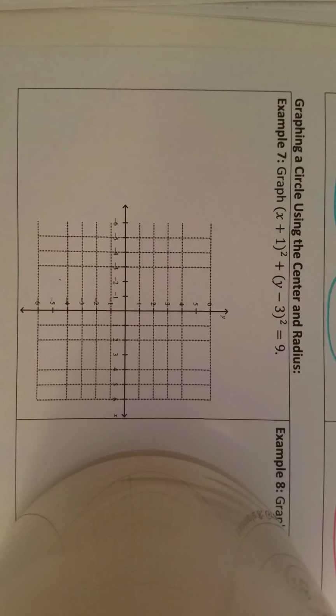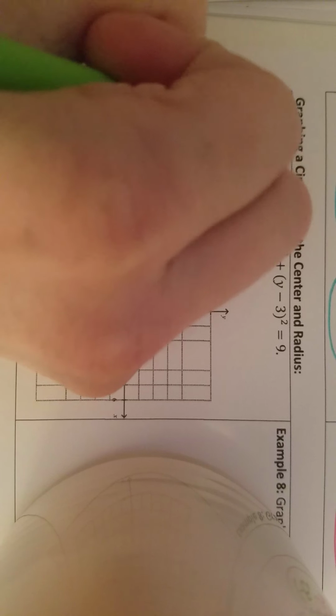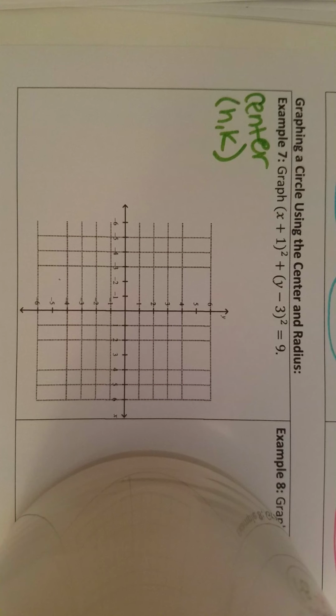So we're going to first start by finding the center. All right, and so center is h comma k. And what I was saying before is it's just the opposite of whatever is by the x and by the y. So in this case, the opposite of positive 1 is going to be negative 1. And the opposite of the negative 3 is going to be positive 3.